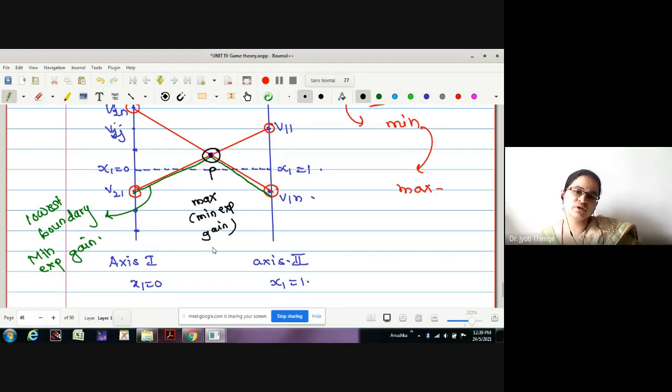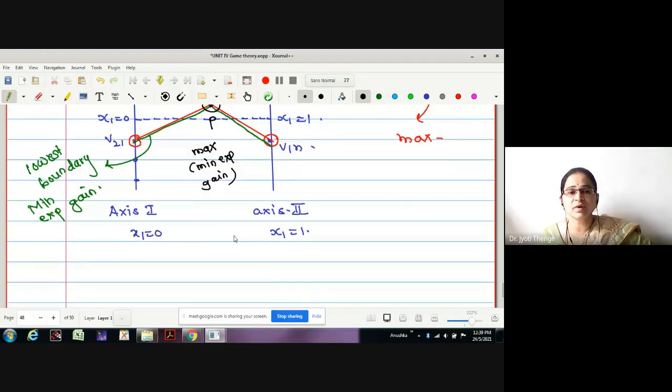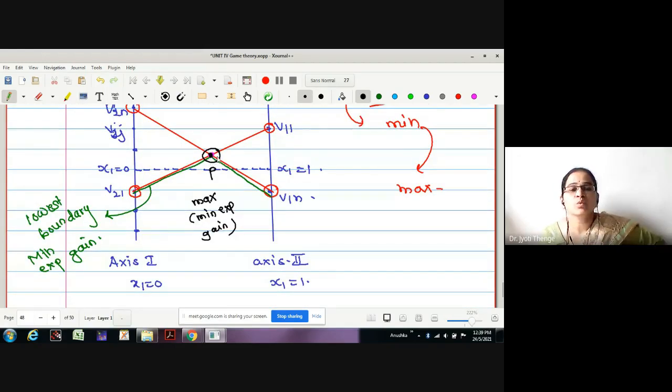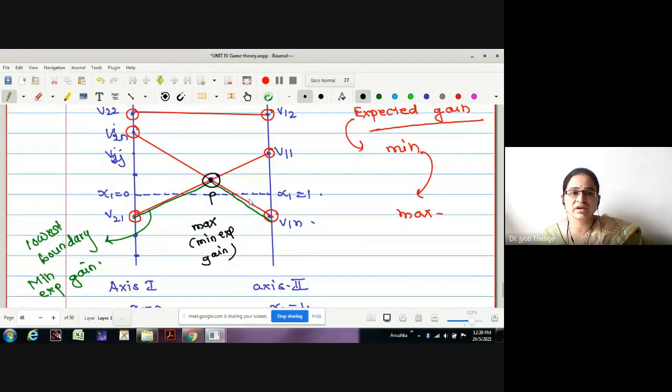The two lines crossing at P give the optimal strategies for player A, X1 and X2. Similarly, using those two straight lines whose point of intersection is P, one can find the optimal strategies for player B, and since only two lines intersect, there are two optimal strategies for player B as well.